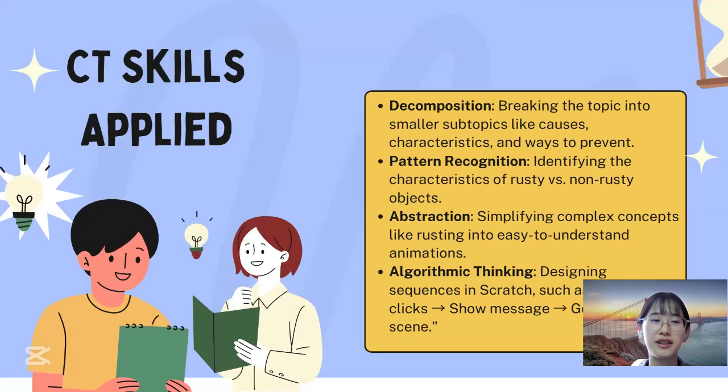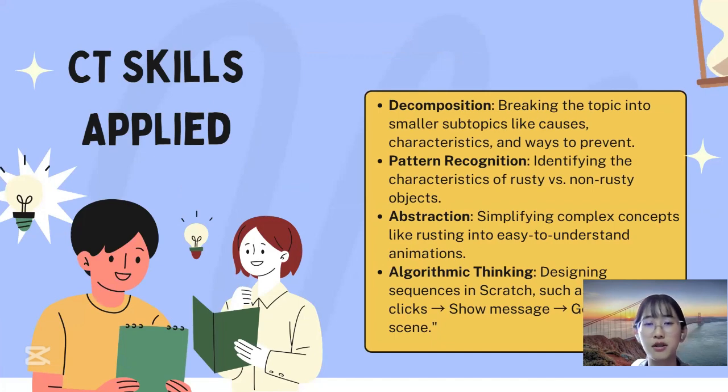Over here, the CT skills that apply in this project. The first one is decomposition, because for the project I'm breaking the topic into smaller subtopics like causes, characteristics, and also ways to prevent rusting. The second CT skill that I apply is pattern recognition, which I identify the characteristics of rusty versus non-rusty objects.